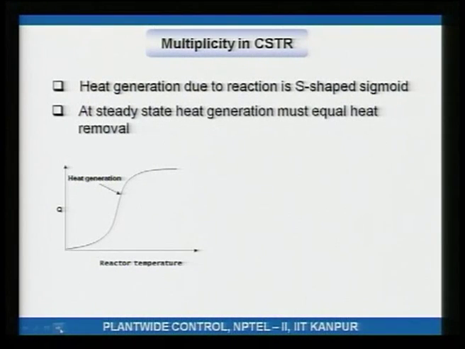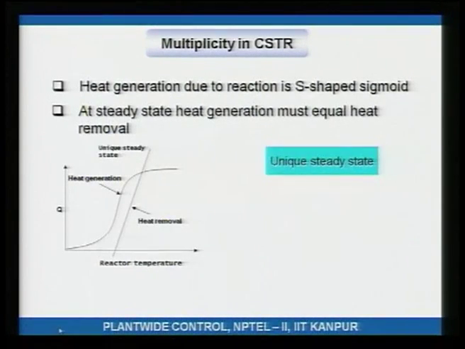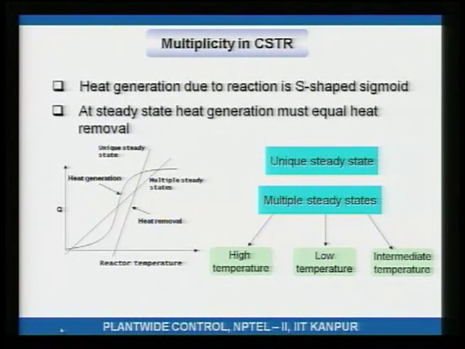This linear curve may have one intersection with the S curve, or more often than not, if the slope is lower, you will have 3 intersections. Let me call these steady state 1, steady state 2, steady state 3.